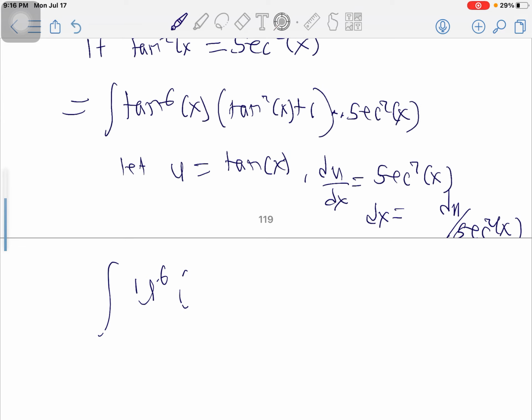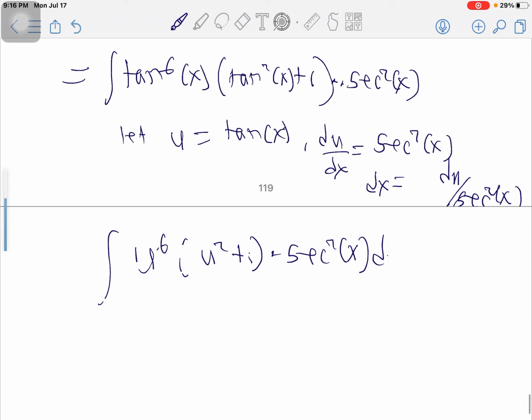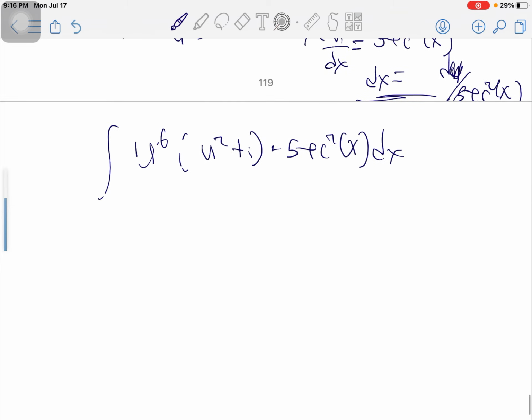Since we said let u equal tan x, the whole function changes to the integral of u to the power 6 times bracket u squared plus 1, multiplied by sec square of x, and then dx. Don't forget that dx here is du over sec square of x.